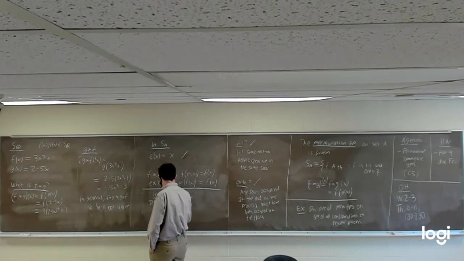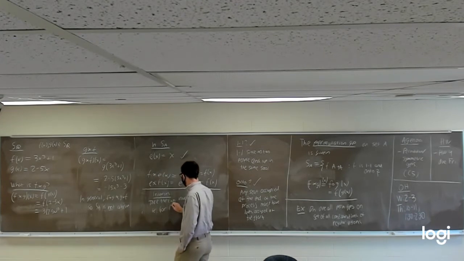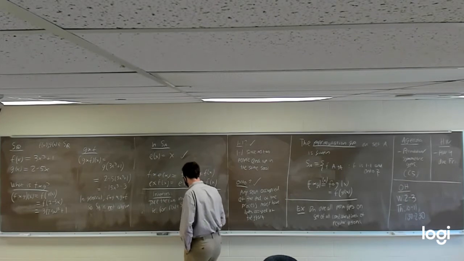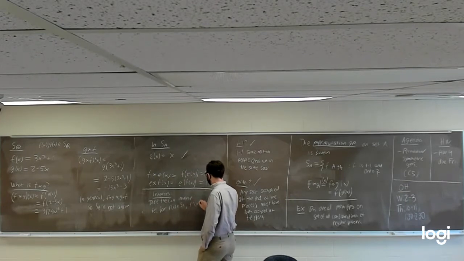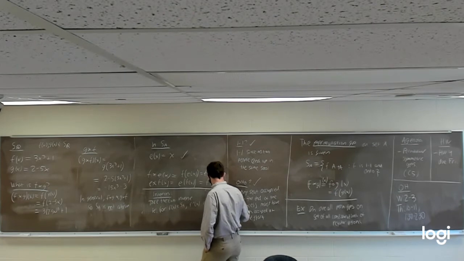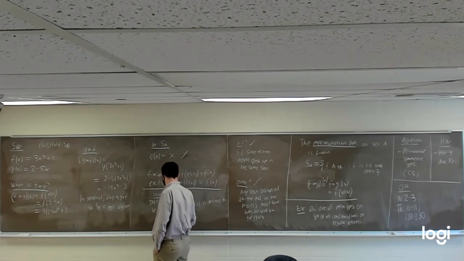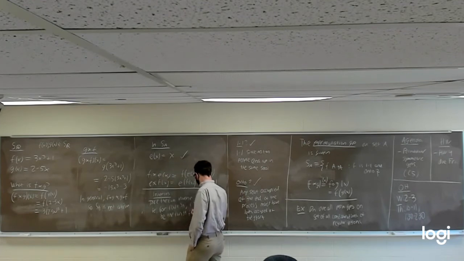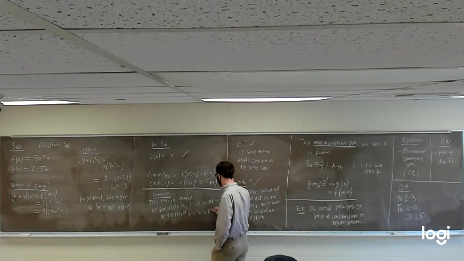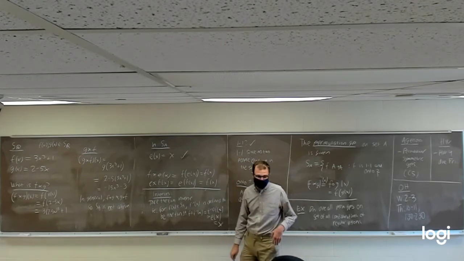I.e., if you have some function f of x that's a permutation on A, f inverse of x is defined to be the function such that f composed with f inverse of x is going to be equal to f inverse composed with f of x, which we just want to give us back e of x, which is x.